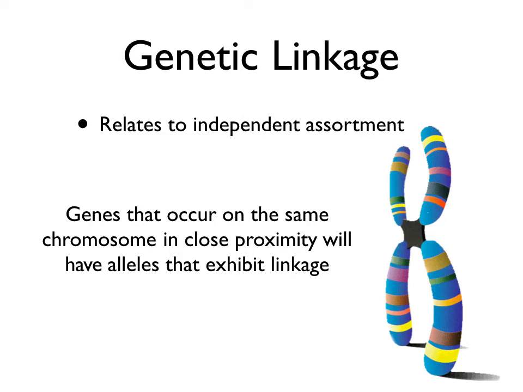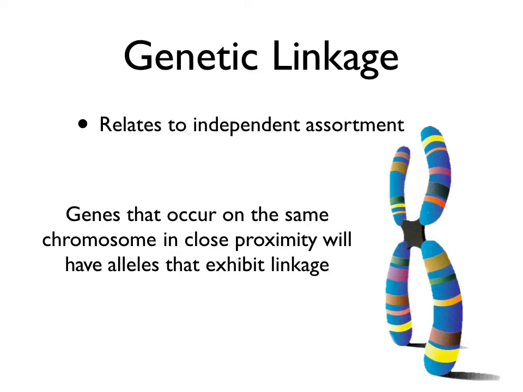But on each of those chromosomes, because there are so many genes on every chromosome, let's say chromosome number 1 has the gene for eye color and hair color. She's not able to give you grandpa's hair color and grandma's eye color. When she gives you a chromosome 1, you're getting both of those from one parent.